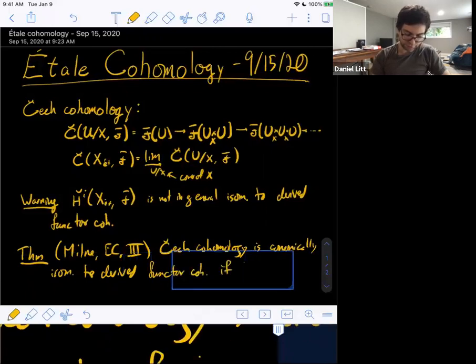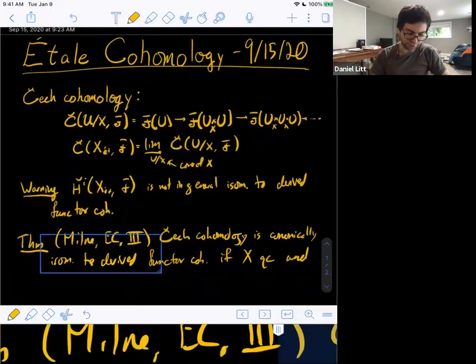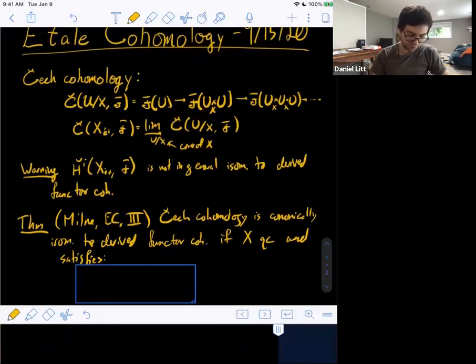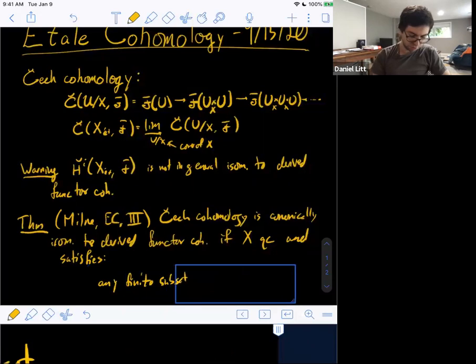If X is quasi-compact and satisfies the following kind of funny condition: any finite subset of X is contained in an affine.